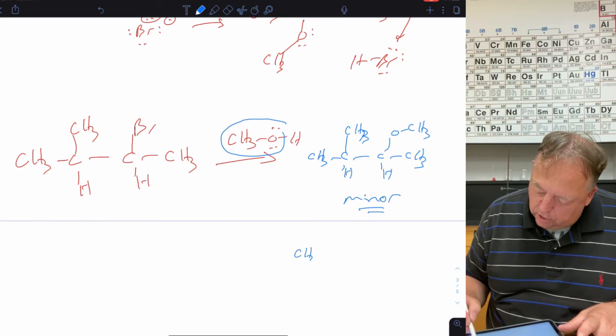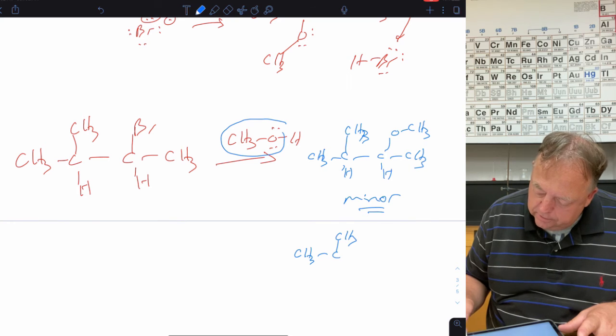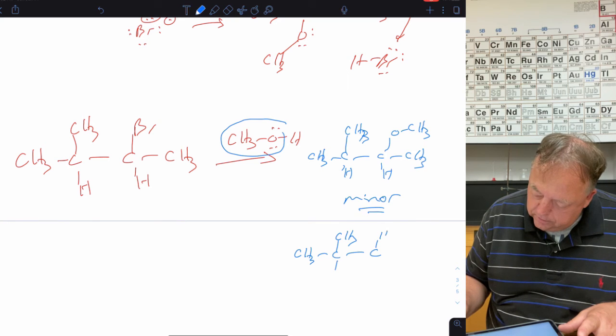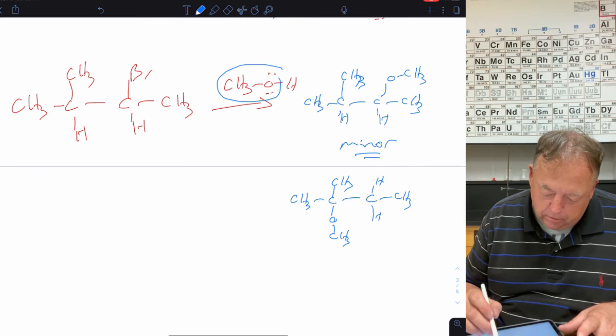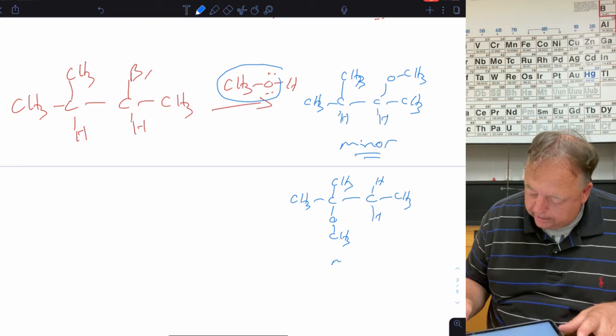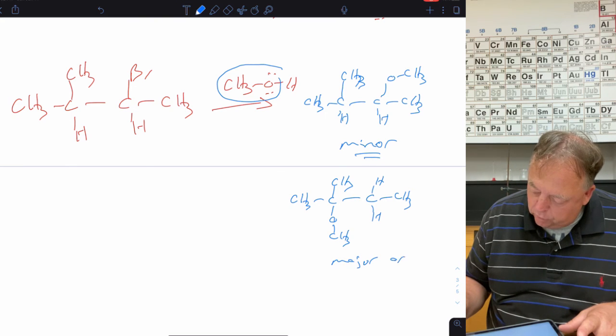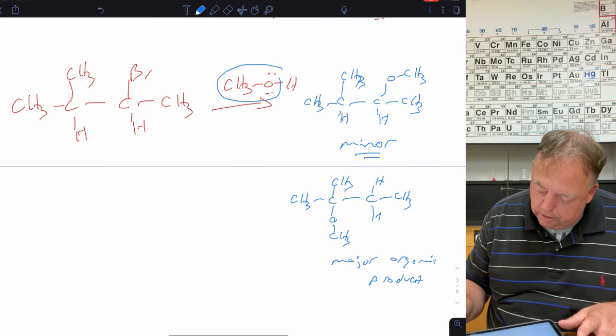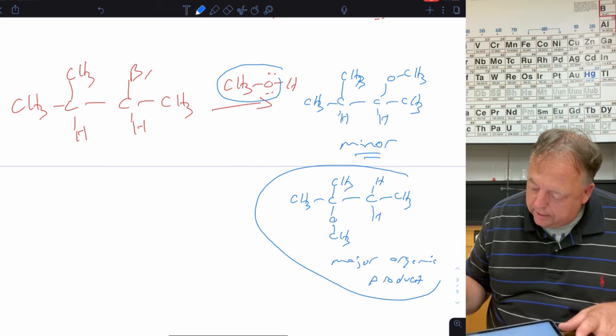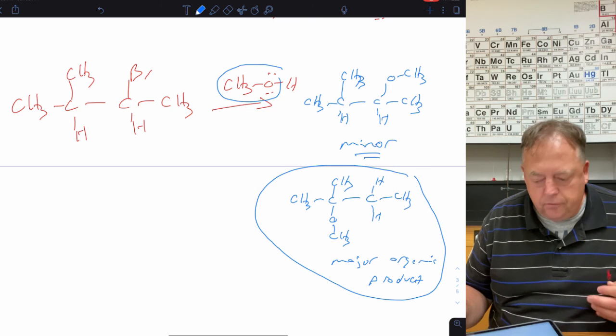And if you recognize the carbocation rearrangement, where you go from the secondary carbocation to the tertiary carbocation, then that's the major organic product. And the only way you recognize that product is to recognize the carbocation rearrangement.